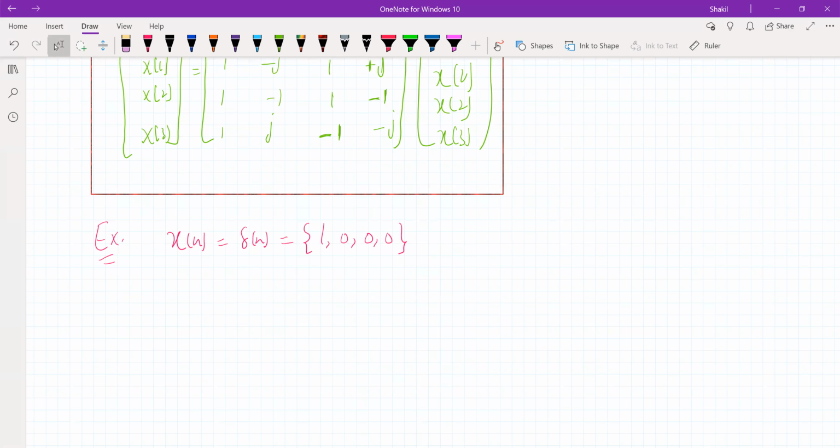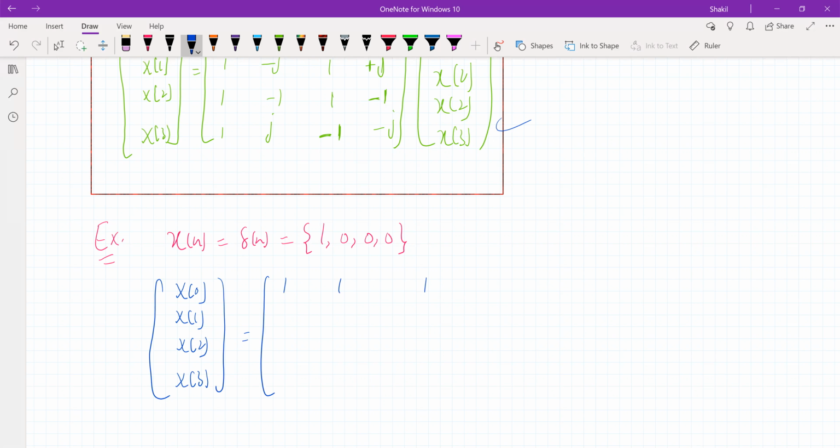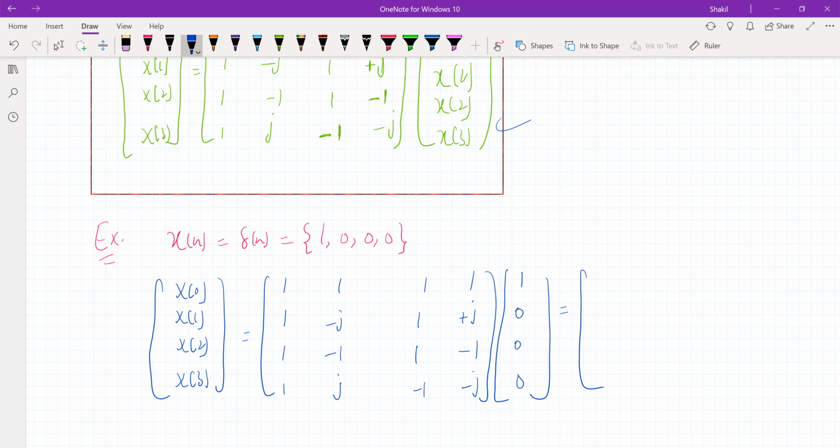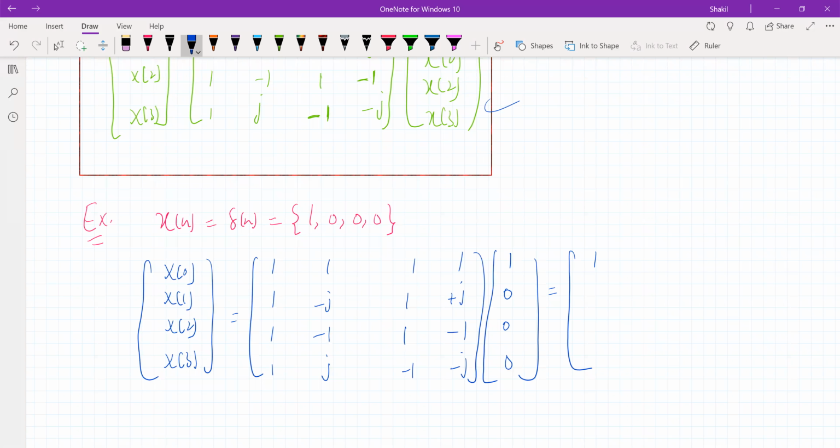Then the 4-point DFT using this expression will be the matrix with rows 1, 1, 1, 1; 1, minus j, minus 1, plus j; 1, minus 1, 1, minus 1; and 1, plus j, minus 1, minus j, multiplied by 1, 0, 0, 0. Now check the terms, do the matrix multiplication. It will be 1 plus 0, 1.